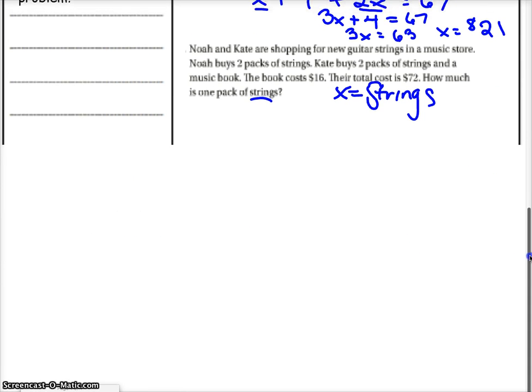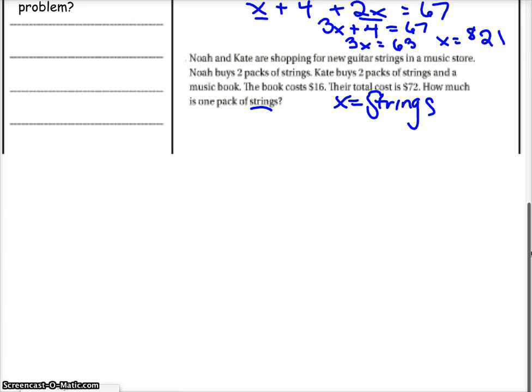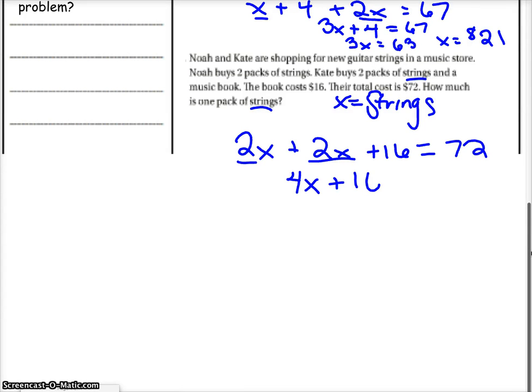All right, now I just add everything together. Noah buys 2 packs of strings, so that's 2x. Kate buys 2 packs of strings, that's 2x, and 1 music book. How much is a music book? 16, and that's the total, which was 72. Combine the like terms, 2x and 2x, 4x plus 16 is 72.